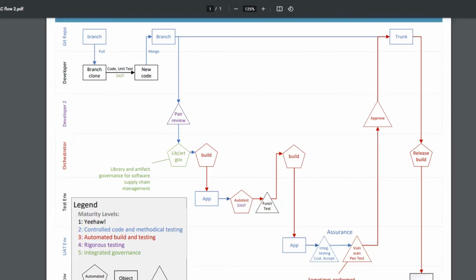So all of these pentagons are things that happen. A pentagon. So you might use Artifactory to do code control on your libraries, or whatever frameworks are in your software supply chain, to make sure that your old version of PHP isn't too old or something like that. That's a point of governance, but it's an automated one, and someone else is managing your PHP versions to make sure you don't release stuff that's too old.